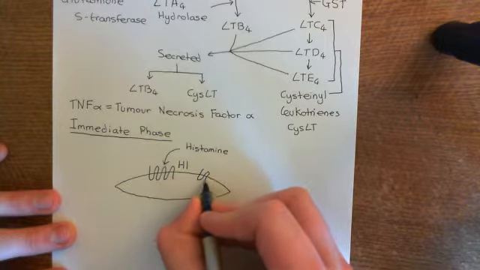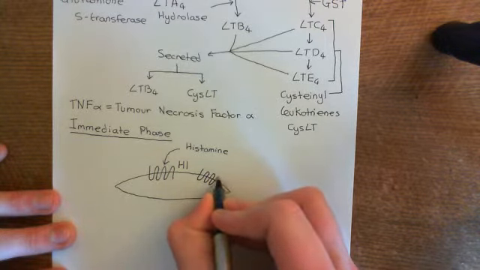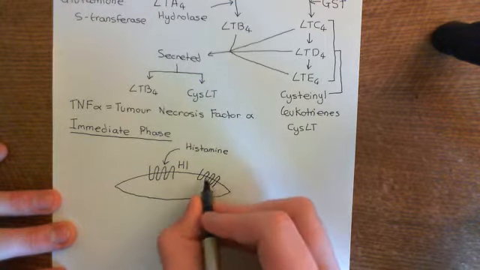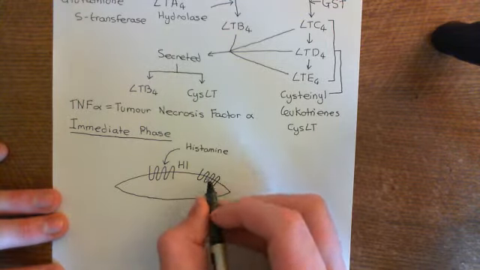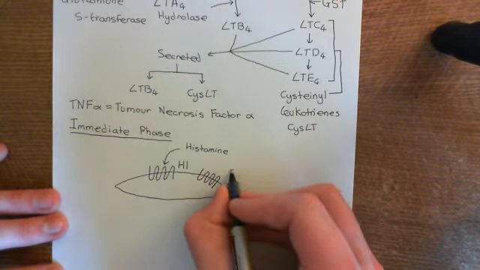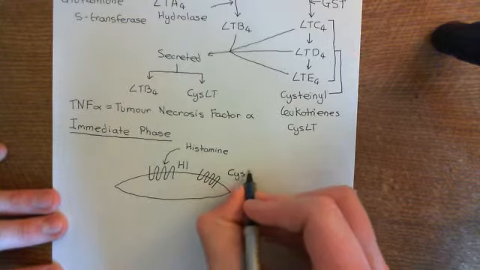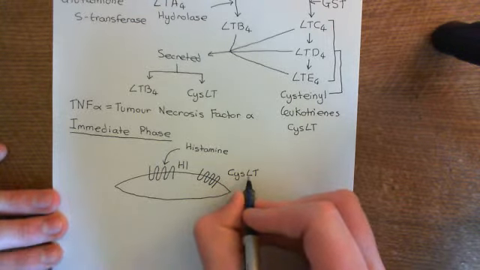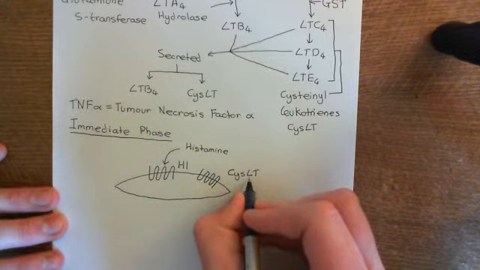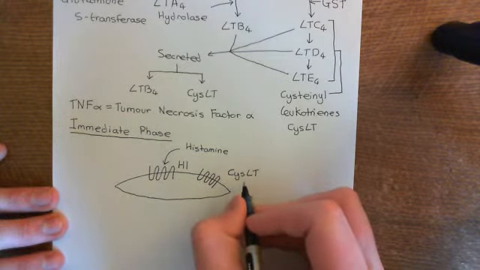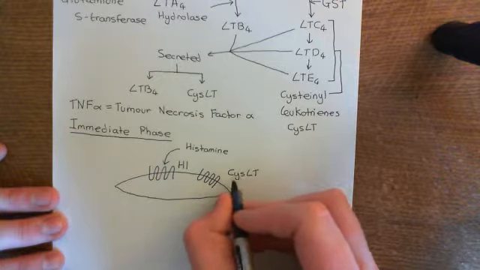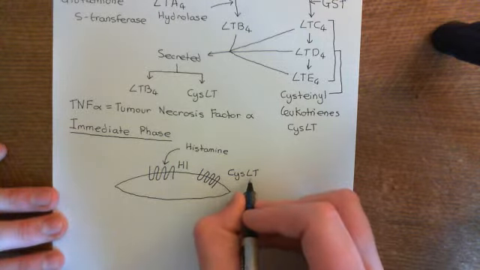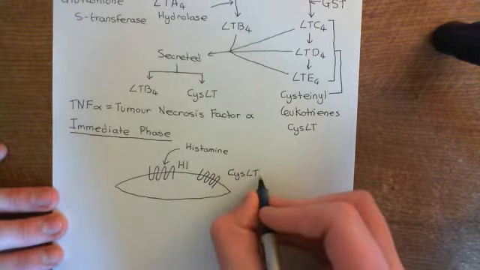Okay, similarly, you have cysteinyl leukotriene receptors on the surface of the smooth muscle cells. Now, there are two main types of cysteinyl leukotriene receptors that are known: the cysteinyl leukotriene receptor 1 and the cysteinyl leukotriene receptor 2. Okay, now these are both found on the surface of bronchial smooth muscle cells, and the functional significance of the two is not really known.